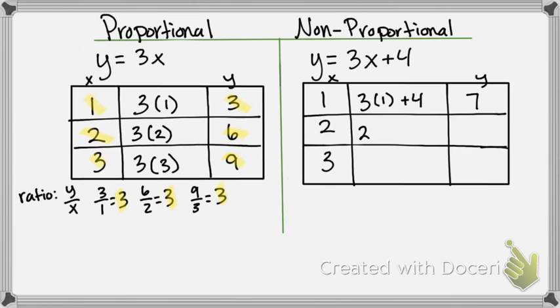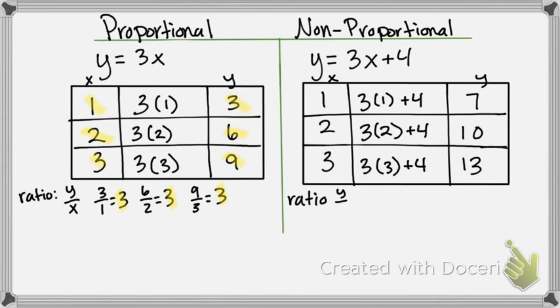When x is 2, our y is going to be 10, because that will be 6 plus 4, which is 10. And when our x is 3, our y is 13. Okay, so remember, our ratio is always going to be y over x.